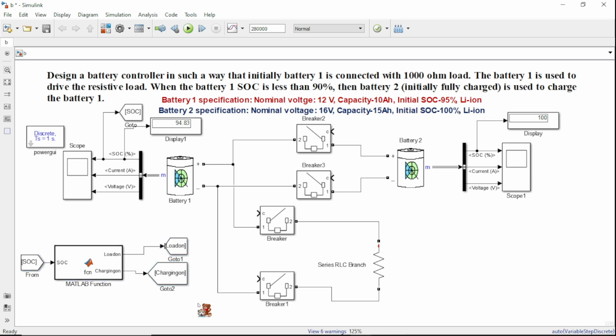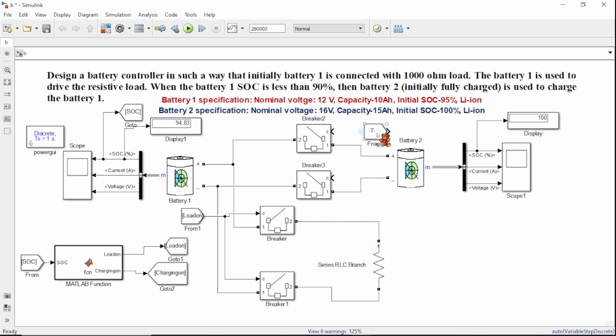So we get those two signals. Now, load on means we just connect this load on signal to this switch. When battery 1 is directly connected to the load resistance, it is activated; that is the load on. When battery 2 is charging battery 1, the charging is connected.